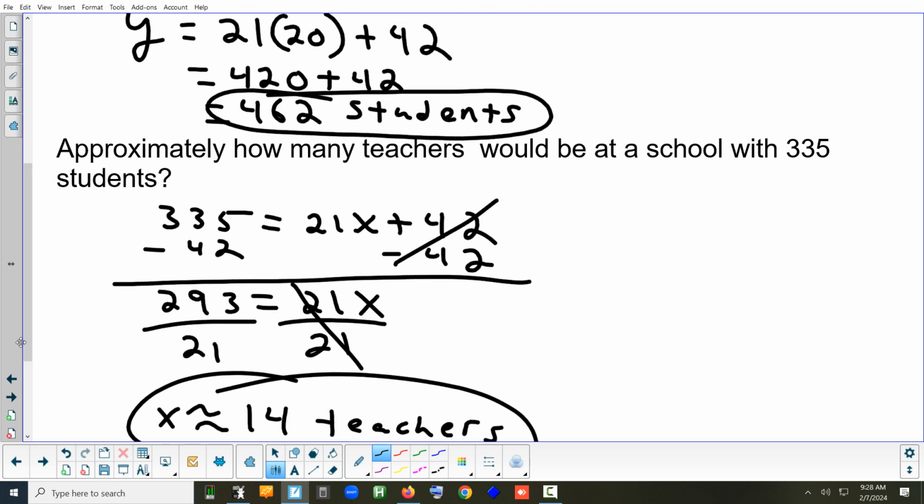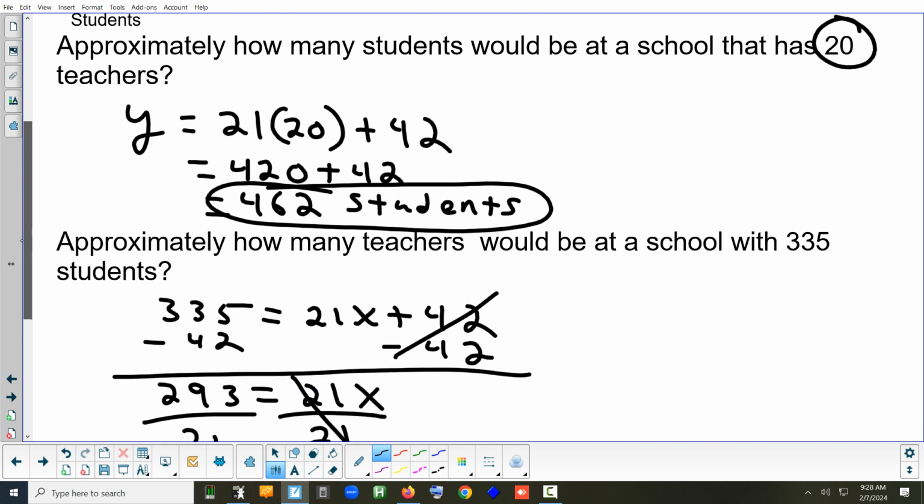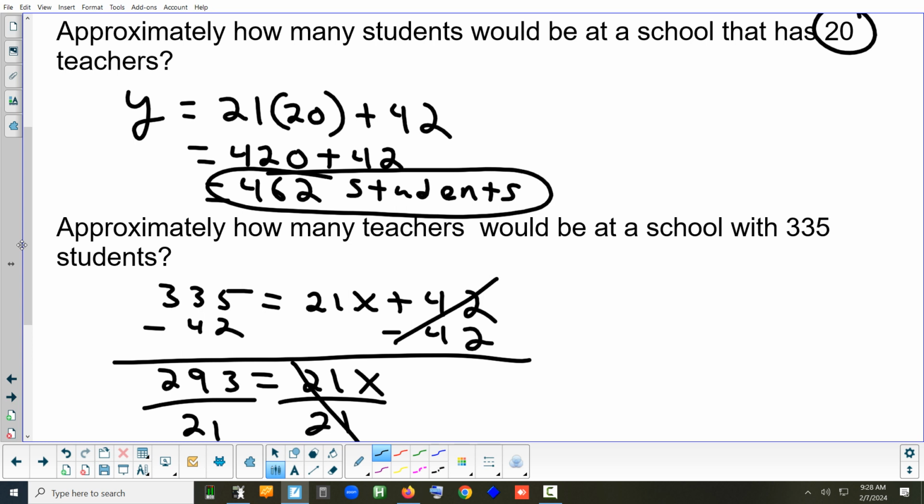All right, now let's think about this for a second. Teachers and students. Do we think there is a connection between how many students a school has and how many teachers it has? Yes. What would you say the connection would be?